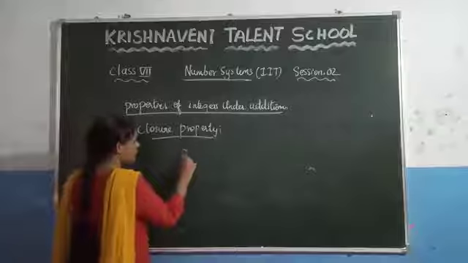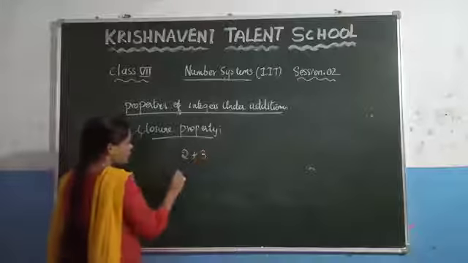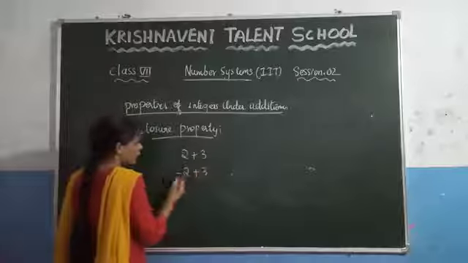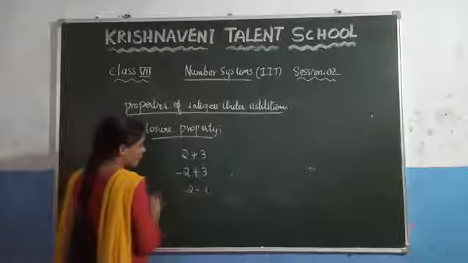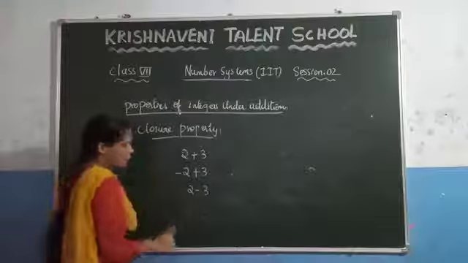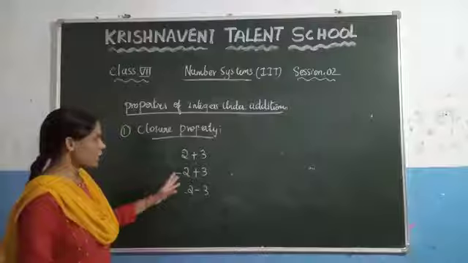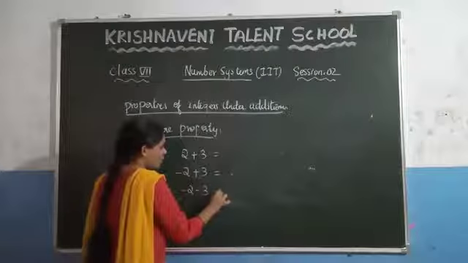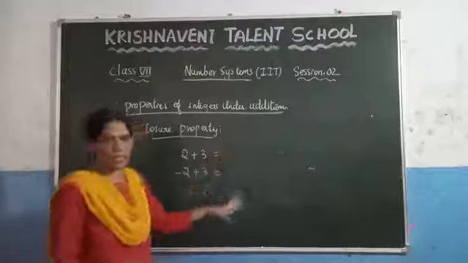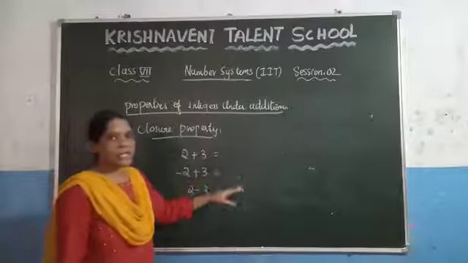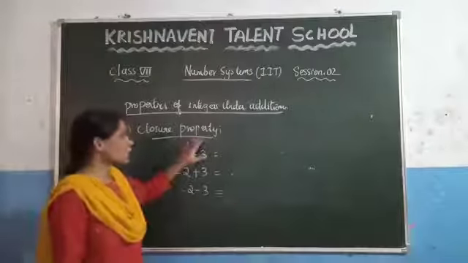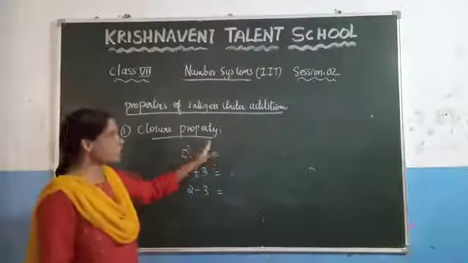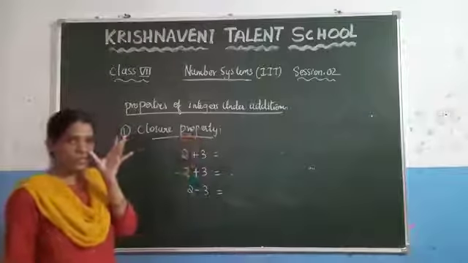Let us consider 2 plus 3, minus 2 plus 3 and minus 2 minus 3. Let us check whether the answer is an integer or not. If the result is an integer, we can say that the closure property holds good under addition of the integers, otherwise it does not.